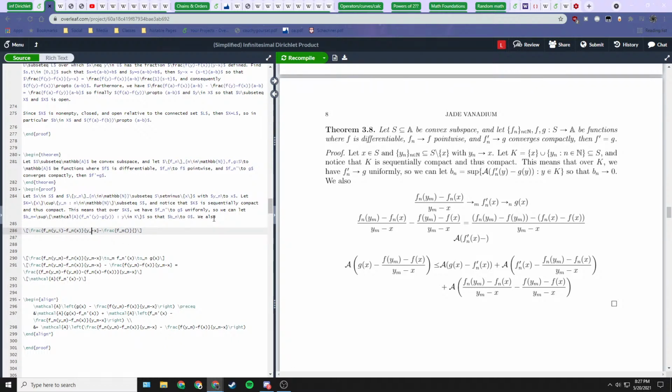Why not, let's just keep using more indices. So F_m of y_i minus F_m of x over y_i minus x.